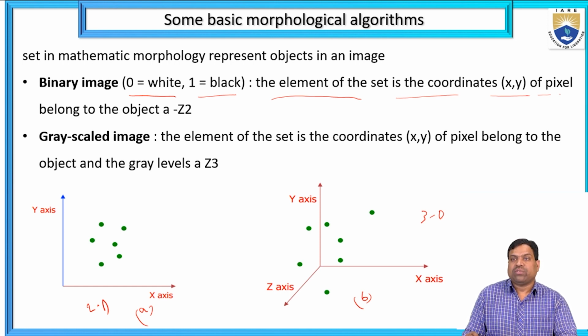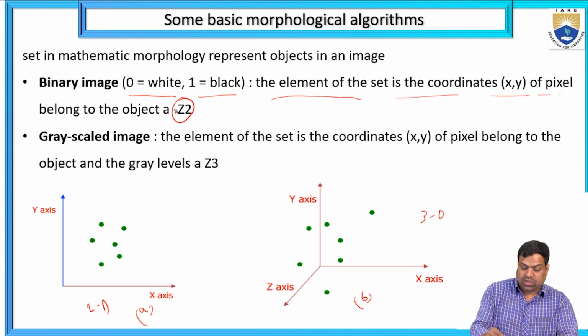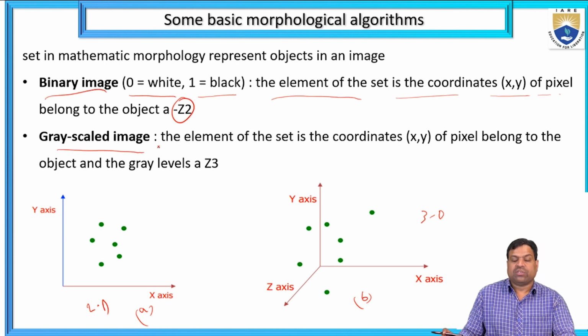So the element of the set is a coordinate x, y of a pixel belonging to the object in Z squared, and it is a binary image. If we need grayscale in place of binary, grayscale means in the form of white and black.